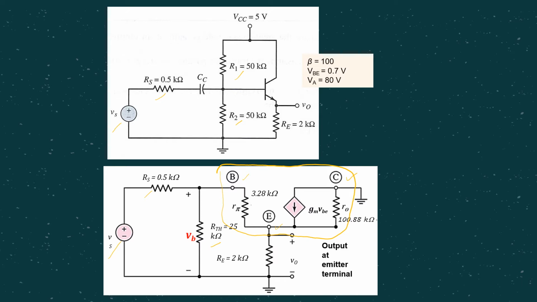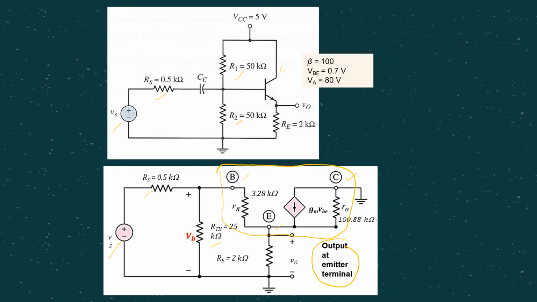So the same thing in the small signal equivalent circuit, we have RS and VS. Another thing you should take note of is the collector terminal, which is connected to VCC. But since VCC is grounded in AC analysis, here the collector is connected to ground. In this particular amplifier circuit, output is measured at the emitter terminal, because we are talking about a common collector amplifier.